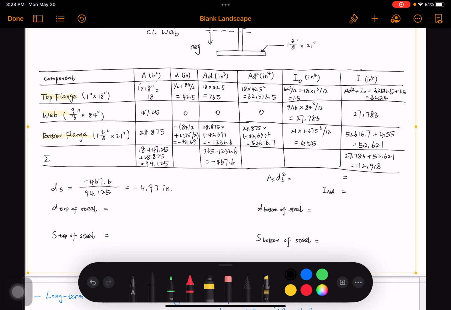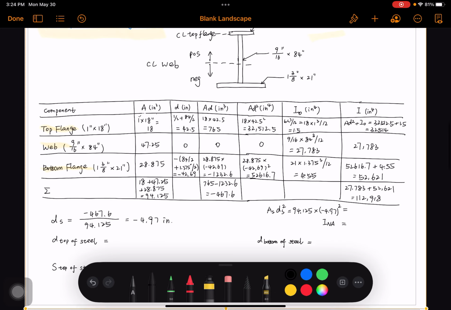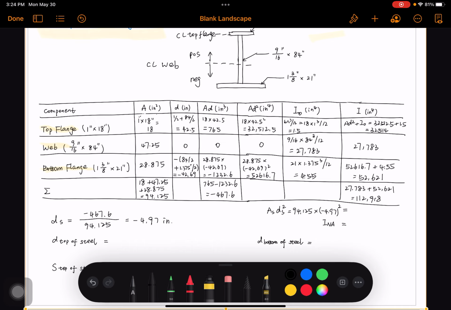And for the whole section, the A D squared equal to 94.125 times negative 4.97 to the square, and again, because this is below the neutral axis, because D we calculated as negative, this whole thing will be negative, and which gives negative 23.972.